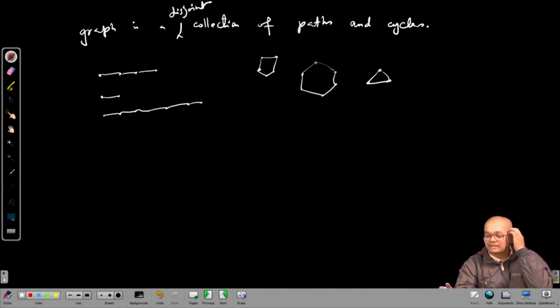Now for paths and cycles, the minimum vertex cover can clearly be computed in polynomial time.